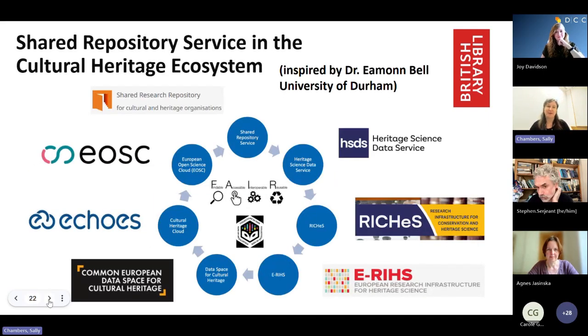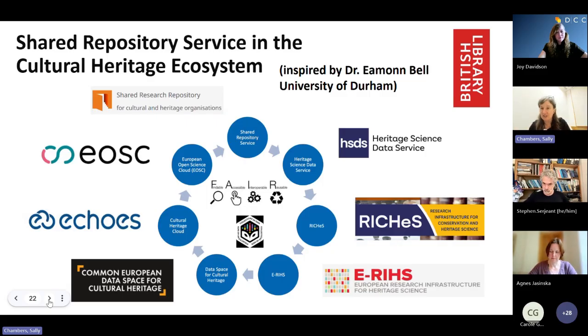And then just wrapping this up as well, how can we see the shared repository service as part of this wider cultural heritage ecosystem? So at the top, we have the shared repository service, which is already 10 different cultural and other heritage organisations which provide their data and data sets via that.